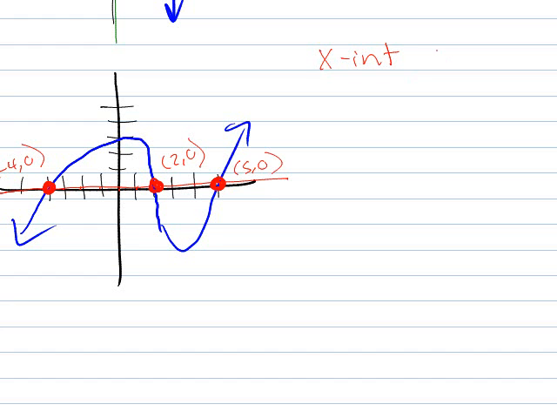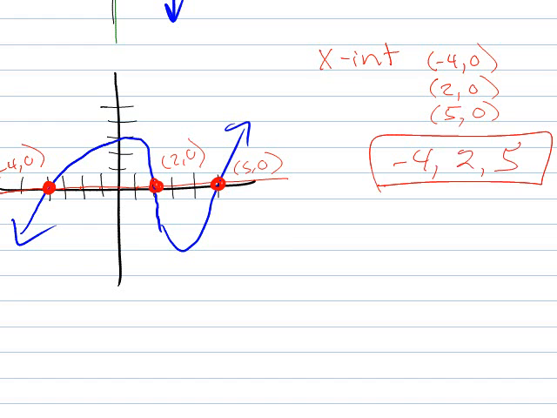So our x-intercepts, I'm not exactly sure what your book will ask for, but when I was a college algebra student, we listed them like this. But it might be okay for you on your homework to list them as -4, 2, and 5. And I think that's actually how your book does it.